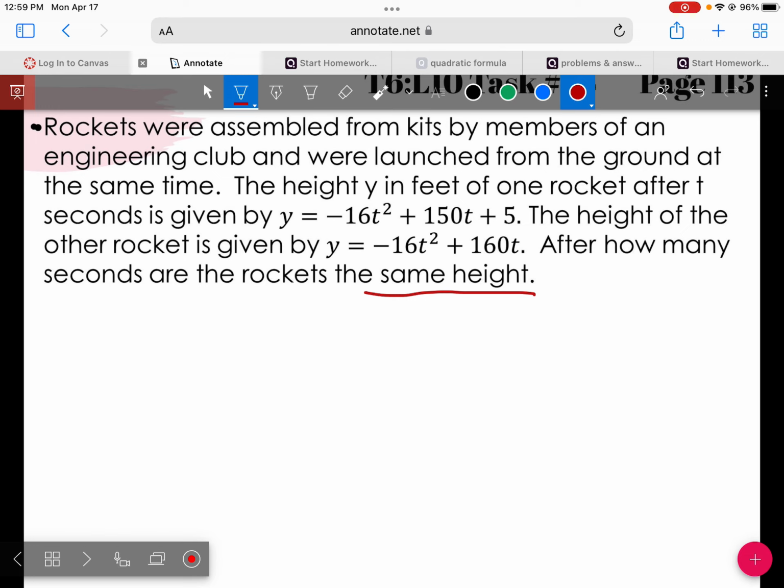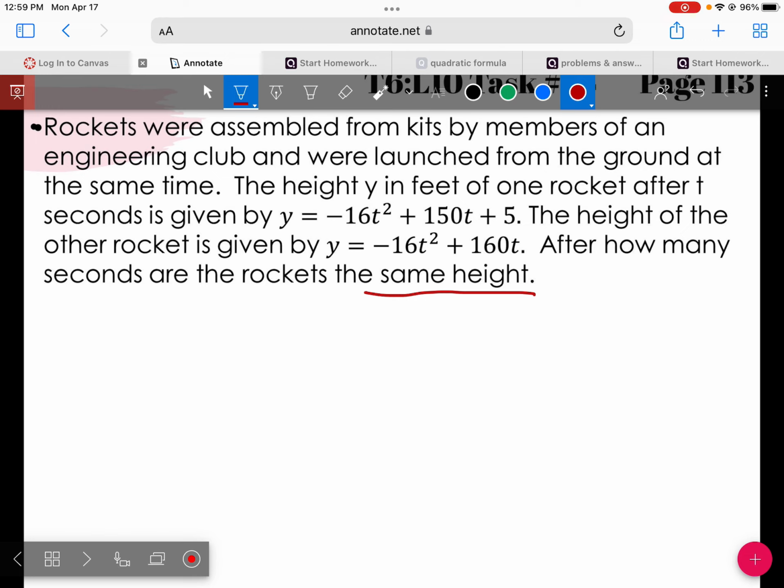Come on, spit it out. Get those wheels turning. Couldn't we also say 0 equals negative 16t squared plus 160t? Right? If both heights right off the ground were 0, that's where we started, we could say that, right?